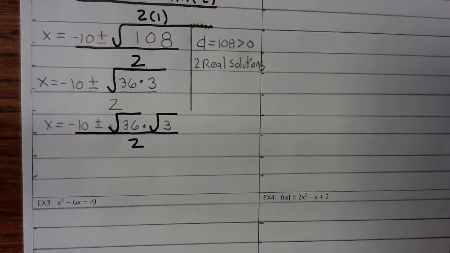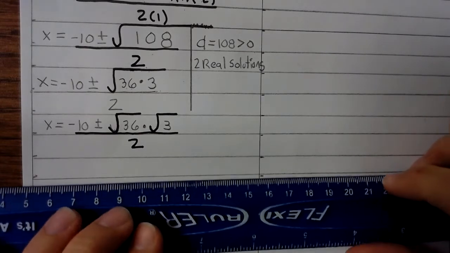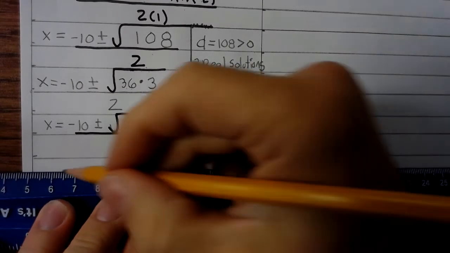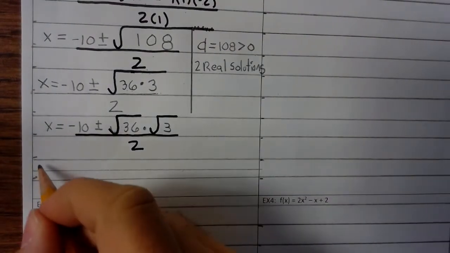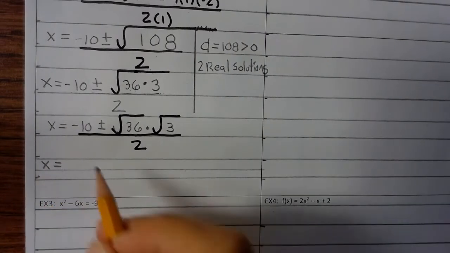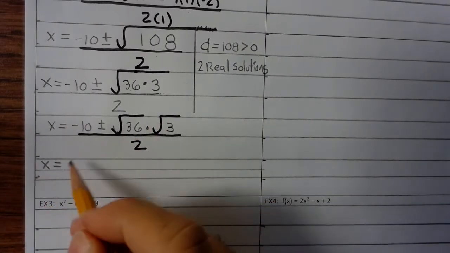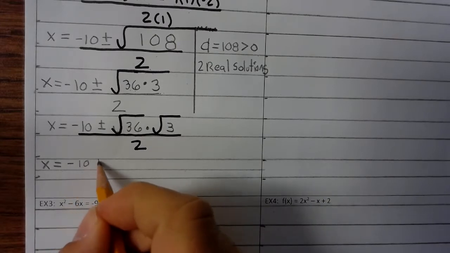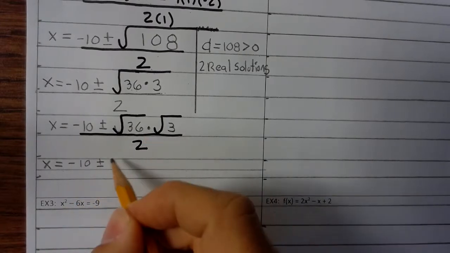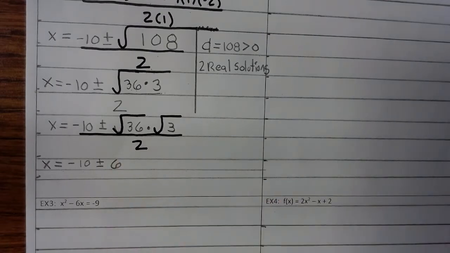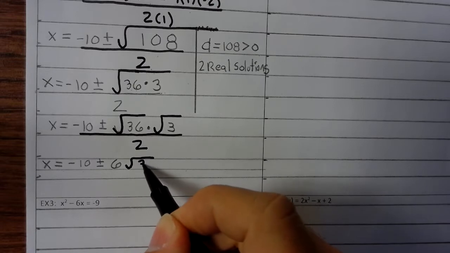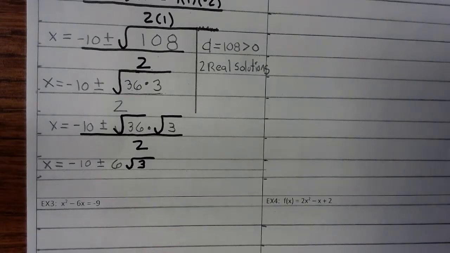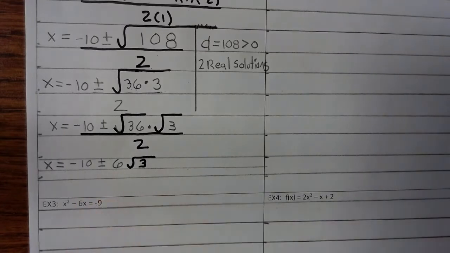Okay? So now, I think we need to add an extra line here to have space for one more step. So then that's x equals negative 10 plus or minus the square root of 36 is 6 times the square root of 3, divided by 2.